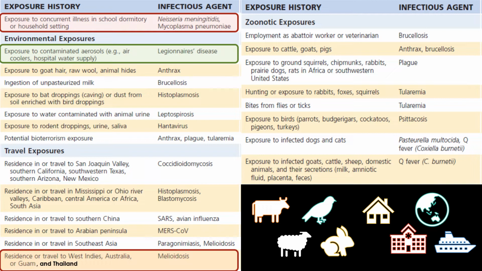It's about the farmer, the patient comes from northeastern Thailand, but in fact this pathogen can be found all over Thailand, not just the northeastern territory. Melioidosis is not included in the first slide of typical pneumonia because it's unique to some territories.